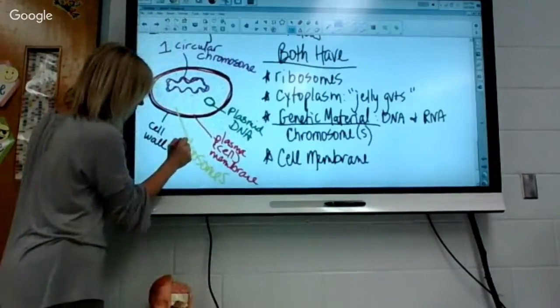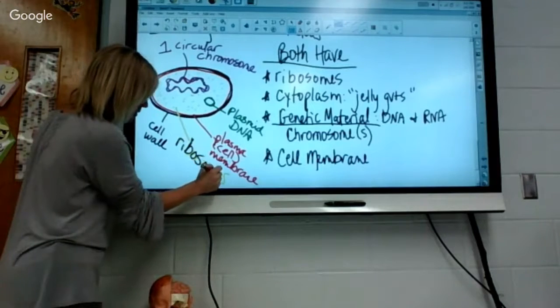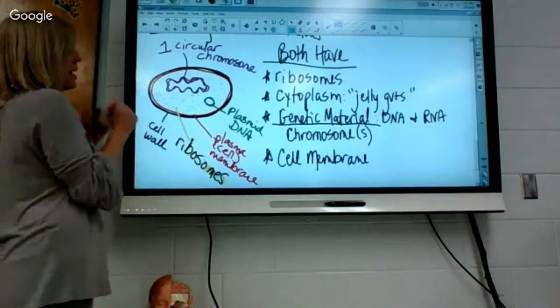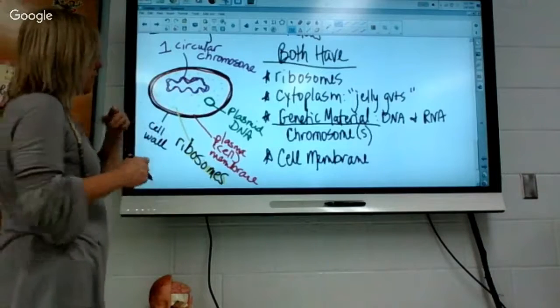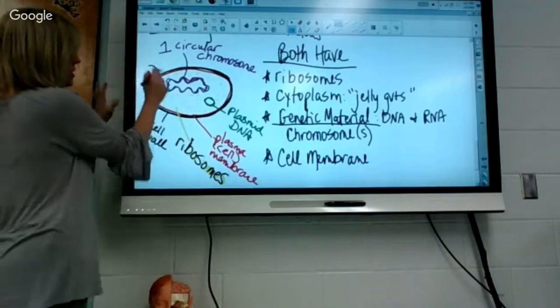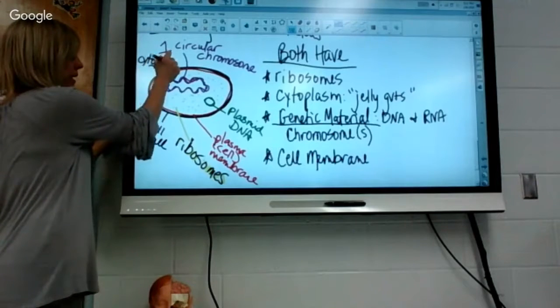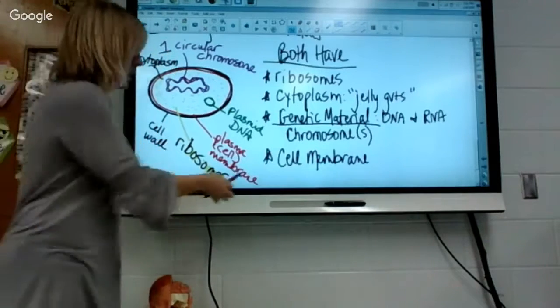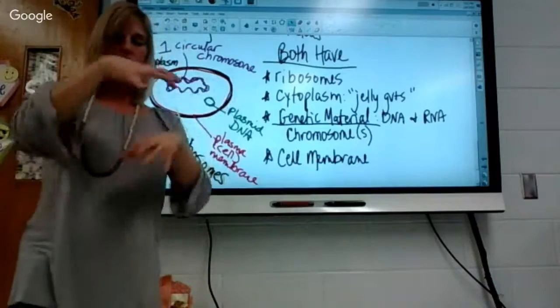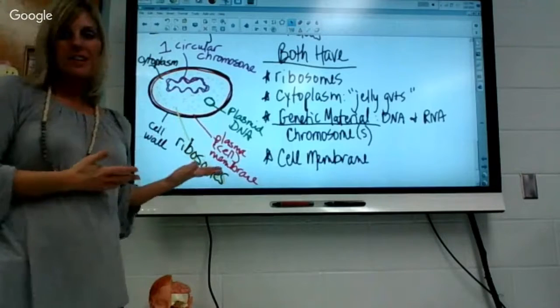I'm going to write it darker just in case. All right, so here's the ribosome. Now, the last thing is the cytoplasm, and that's all this white, all the jelly guts. So the cytoplasm would be like Jell-O, and everything else kind of stuck in that Jell-O in a ball. So there's the bacterial cell.